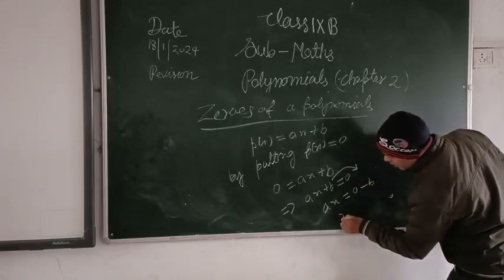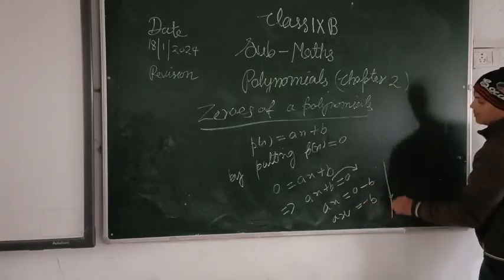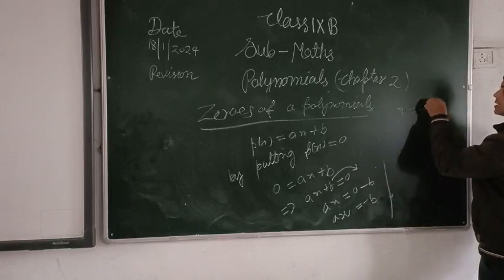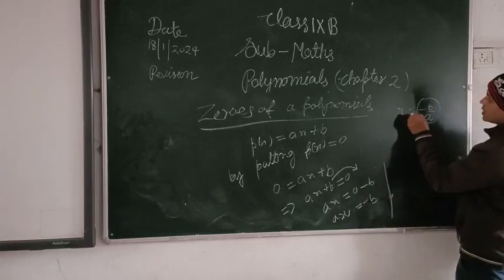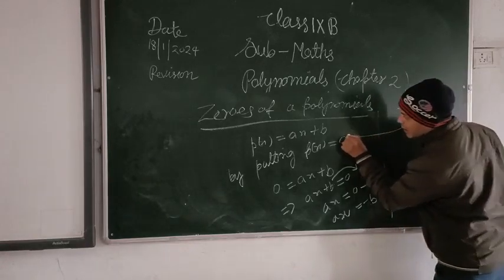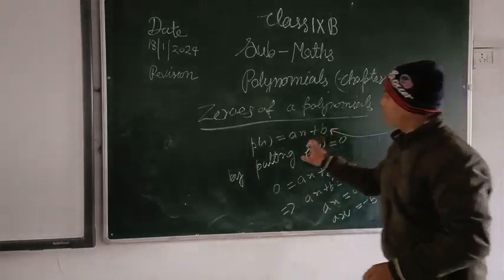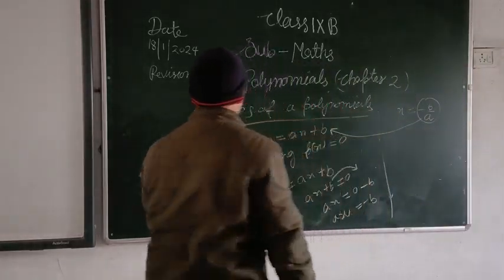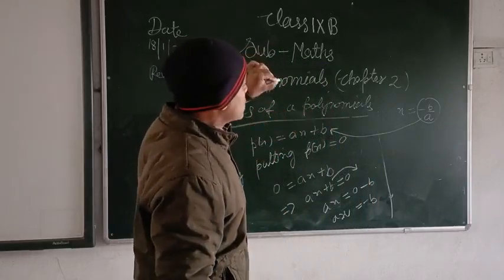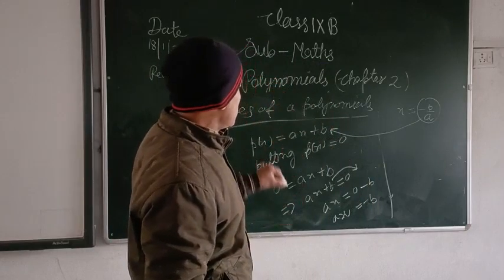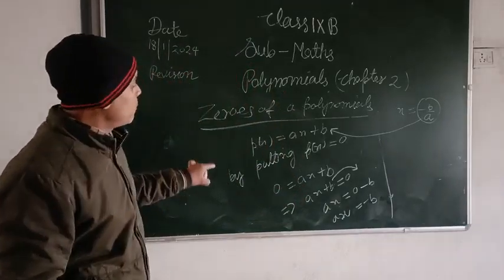So x equal to minus b by a. Clearly, if we put x equal to minus b by a in the given polynomial, then the whole polynomial will be 0. It means x equal to minus b by a is the zero of that given polynomial.